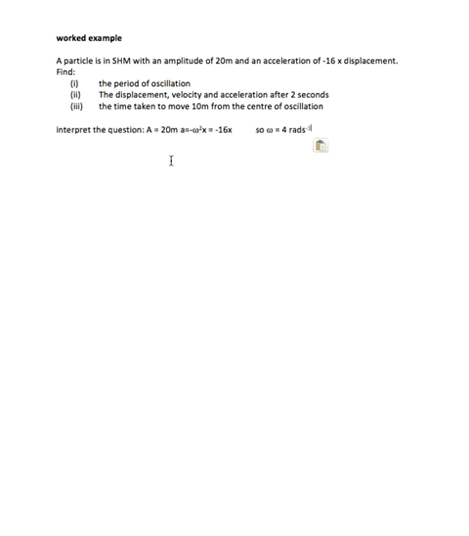It asks us for the period, so we need an equation which connects the period T and what we know from the question, the amplitude and the angular speed. And we know that period is 2 pi over omega. And so we know the period is pi by 2 because omega is 4 radians per second.